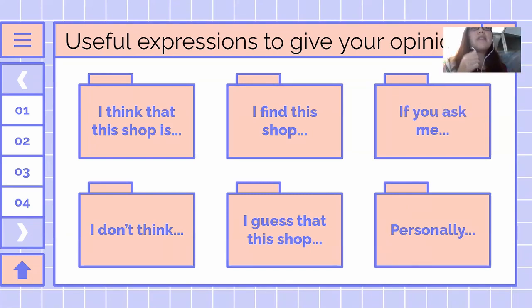For example, we have, I think that this shop is, and you describe it. I find this shop interesting. For example, if you ask me, I don't think, I guess that this shop, personally, these are some expressions that you can use.